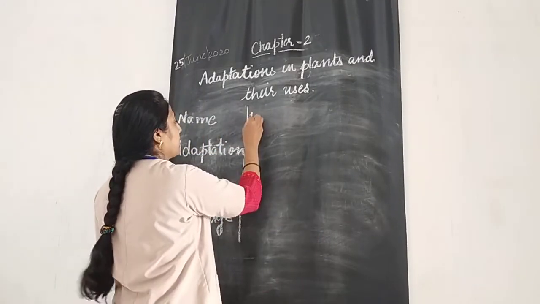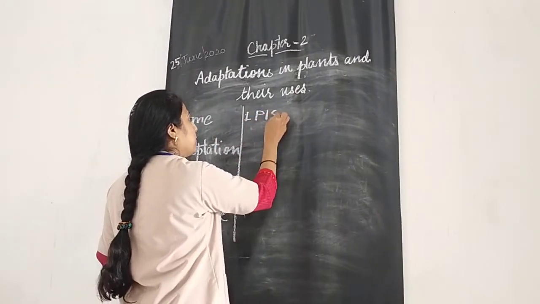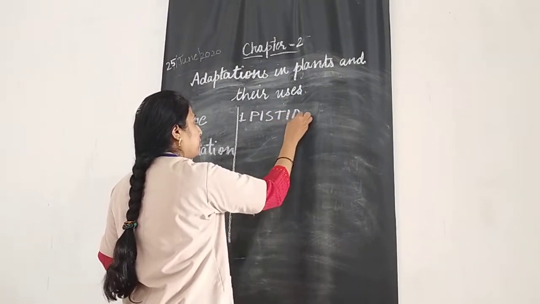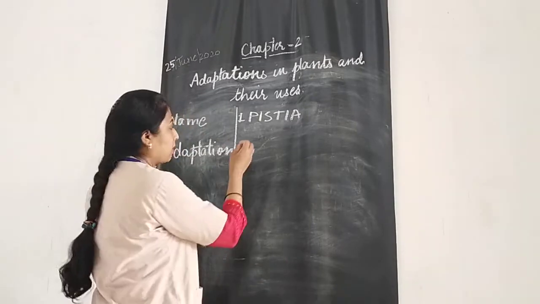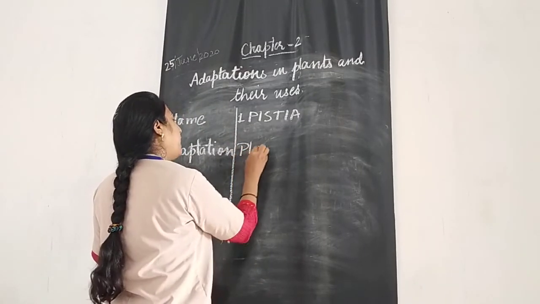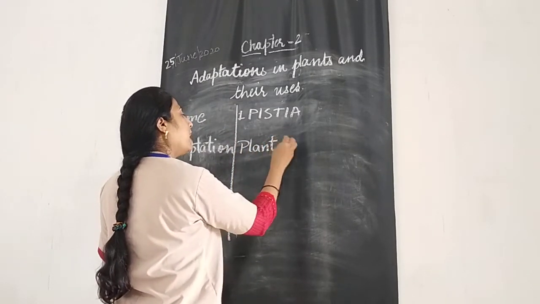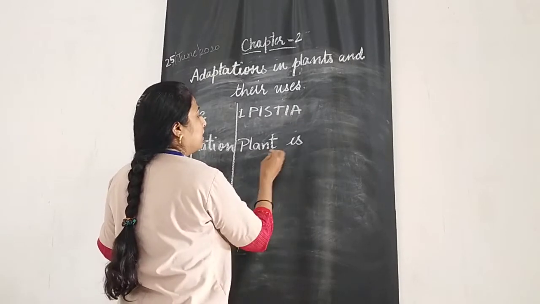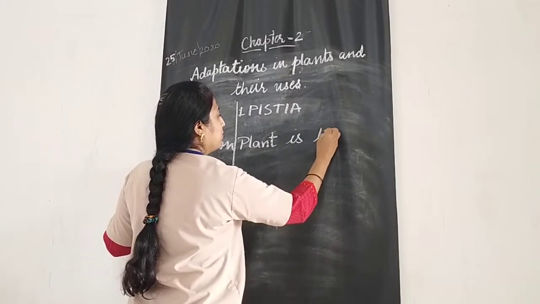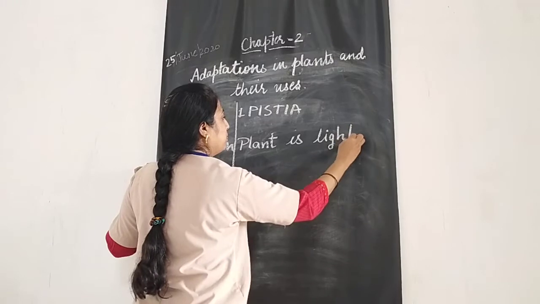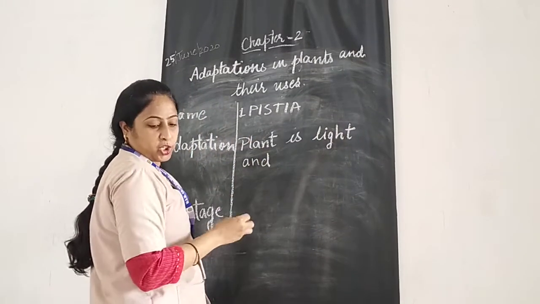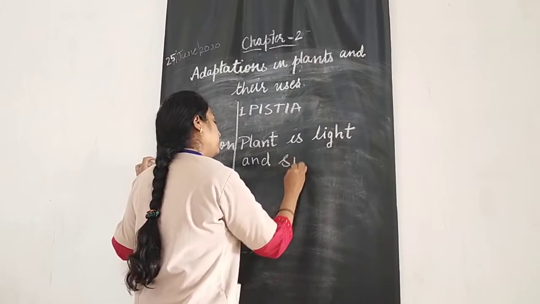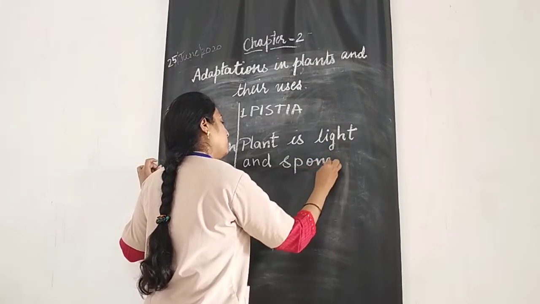First one is Pistia. Then adaptation. It is an aquatic plant, so this plant is light and spongy.